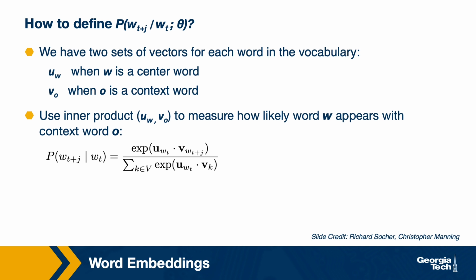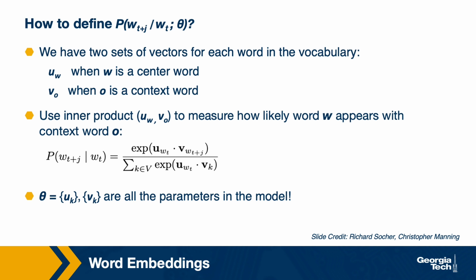If the inner product of these two vectors is bigger, the probability is bigger, and if the inner product is smaller, the probability is smaller. This is the softmax form that we've learned earlier in the class. The probabilities fall within the range of 0 to 1 and sum up to 1. The two sets of vectors are all the parameters in this model.